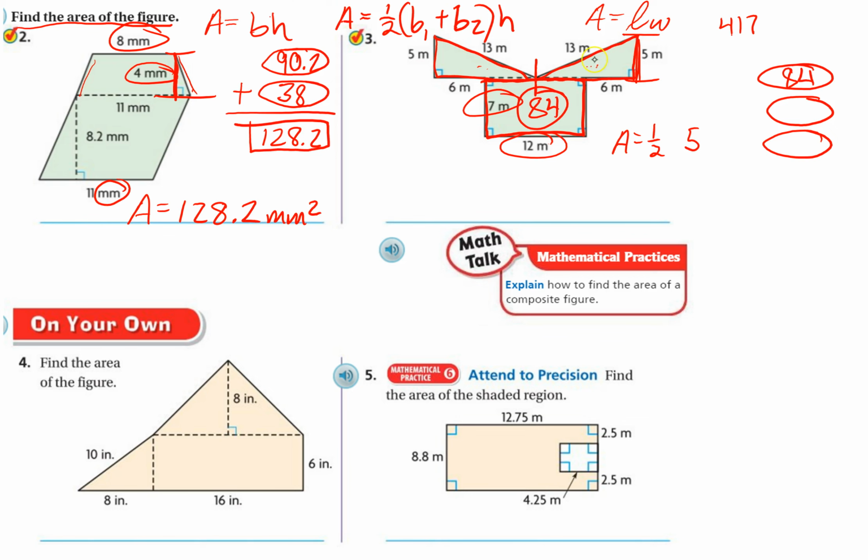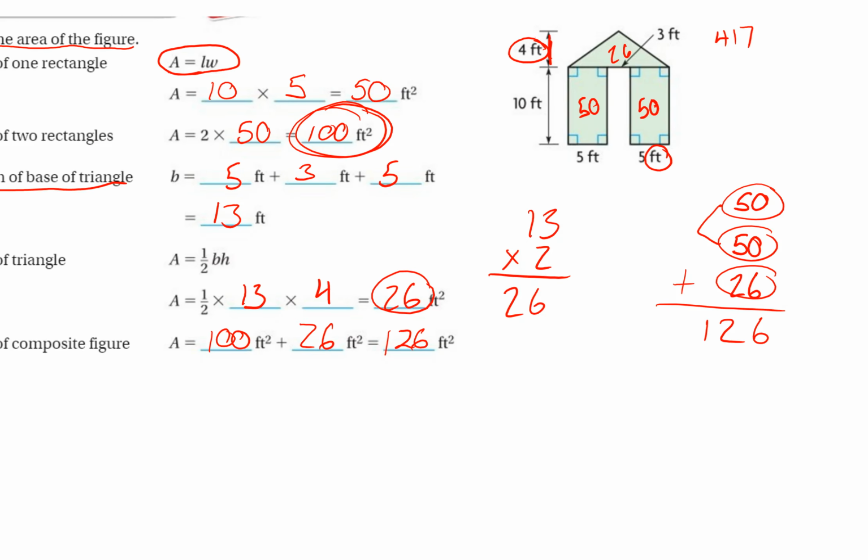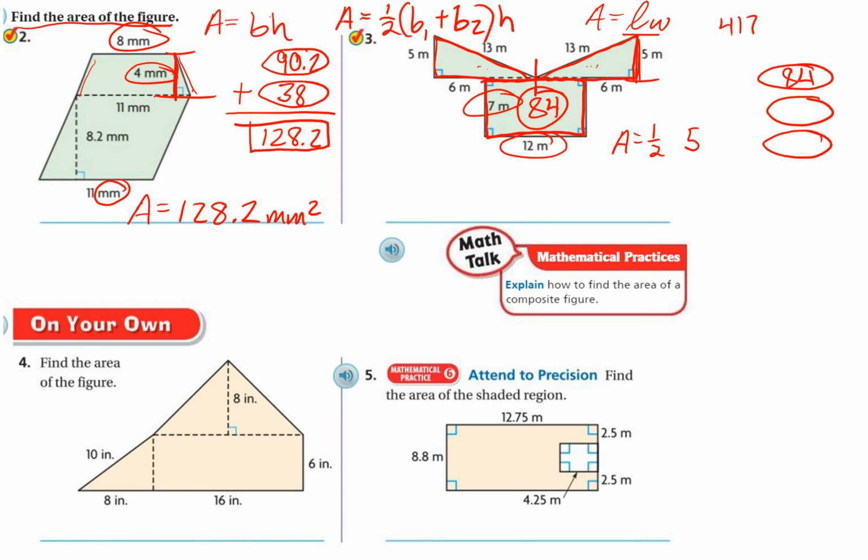Oh my goodness, this thing is killing me. Start with what we do know. I'm going to erase some of these lines so it's a little more clear. We do know that from here to here is 6. From here to here is 6.